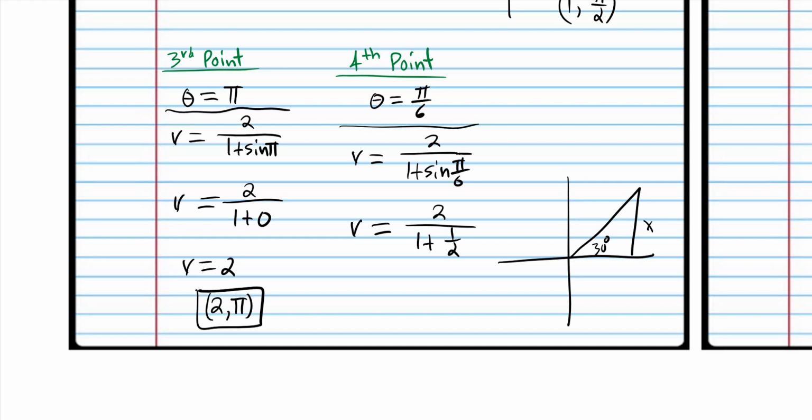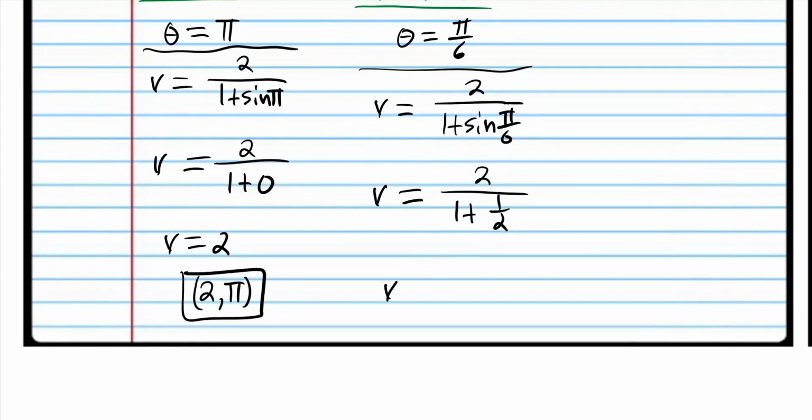This side is, well, you can call it whatever you want, but b, this side is b root 3, and this side is 2b. Sine is the opposite side divided by the hypotenuse, which is b over 2b. The b's cancel out, you have 1/2. That's just basic trigonometry. So we have 2 over 1 plus 1/2, which is 3/2.